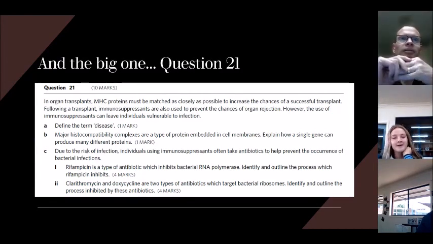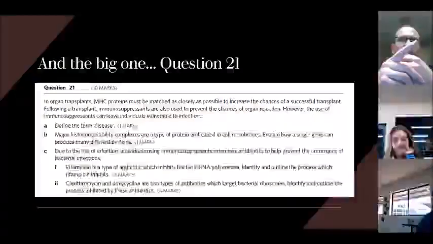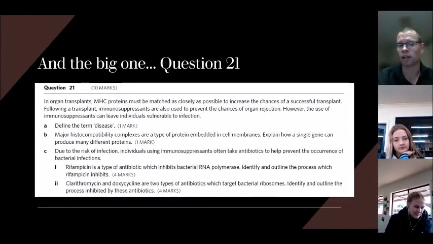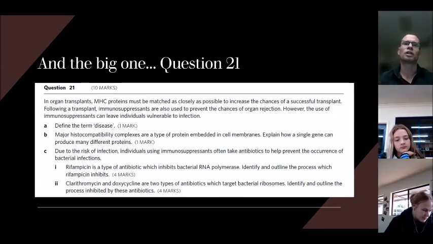So these questions here are going to probe your memory about some of the other stuff. These are the sorts of questions you can expect to encounter on the exam. But the first thing you need to do, don't get distracted by that first line. MHC complexes are a protein embedded in cell membranes. Great, that's an introductory sentence. Explain how a single gene can produce many different proteins.